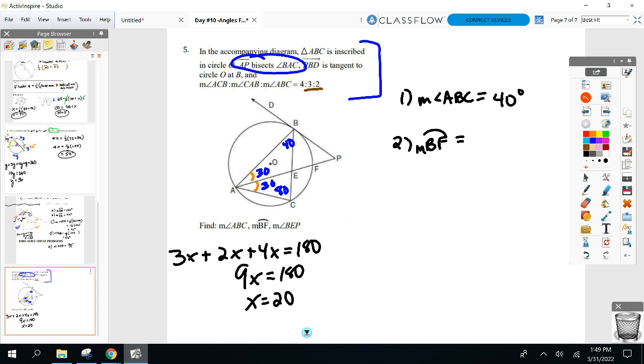How? Angle BAP is an inscribed angle, and it's 30, so multiplied by 2, it's 60. Everyone see that this inscribed angle is drawn to BF. So I need to not cut it in half. I'm going to double 30. Yes, good work. And get 60.